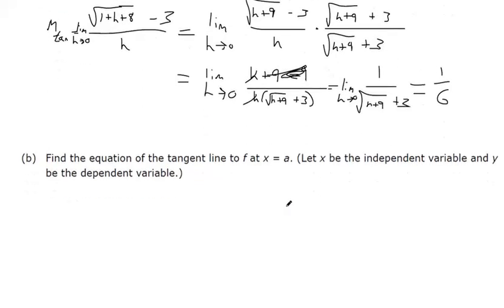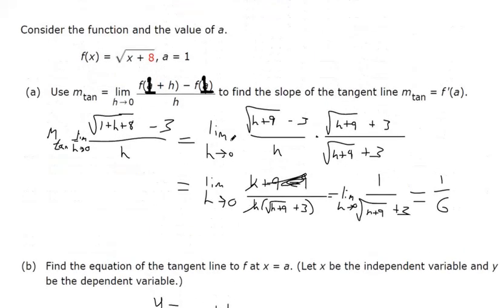So the equation of the tangent line, you need a y equals mx plus b equation. So we have the slope of the tangent line. To find the y-intercept, you want to plug in a point, and when x equals 1, that's the location of our tangent line. The y value we get out of here is 3. 1 plus 8 is 9, square root of 9 is 3.